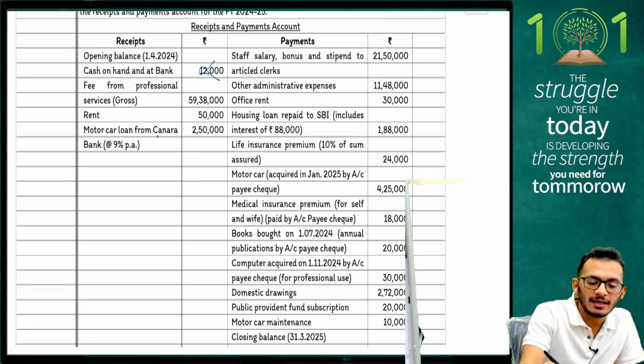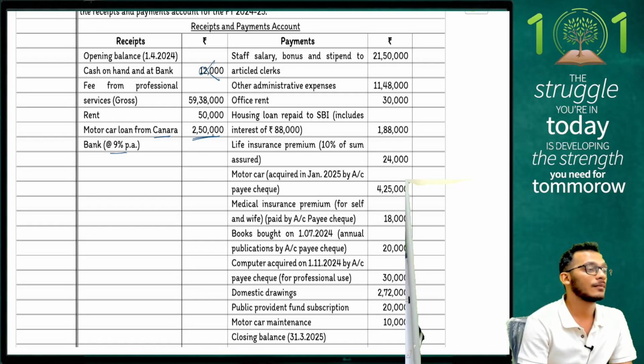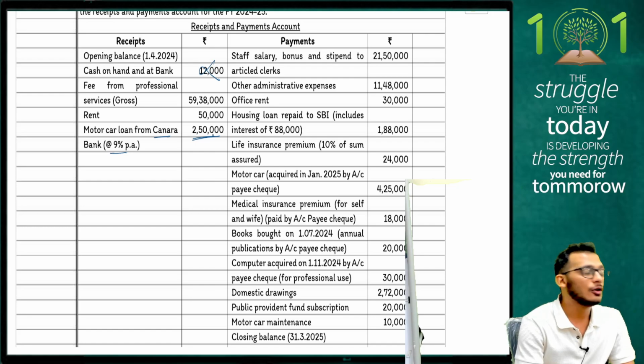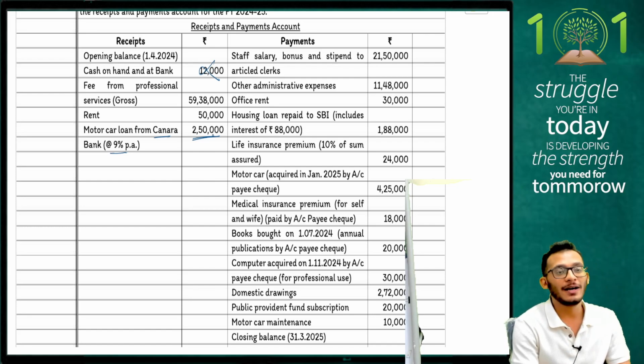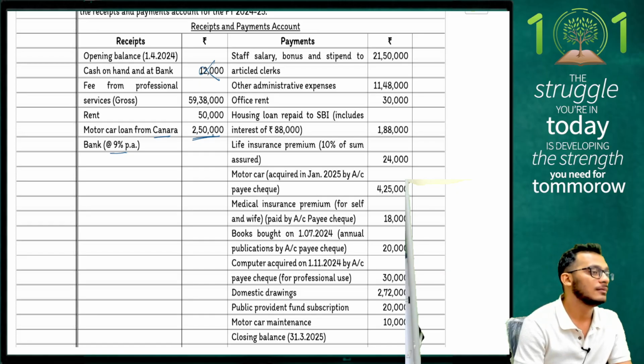Motor car loan taken from Canara Bank at 9% per annum, 2,50,000. Yeah, loan liya. People, this is a loan taken, not part of P&L. Therefore, ignore the information, not relevant.